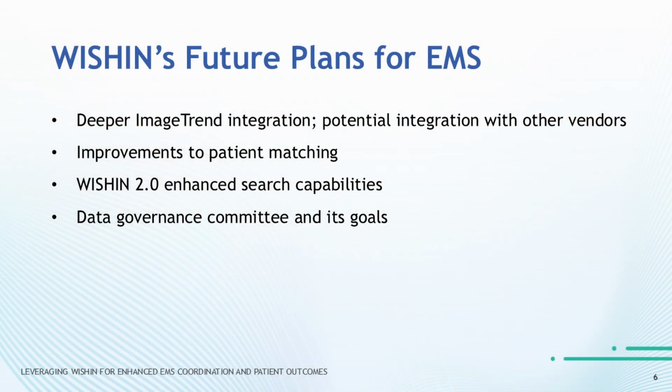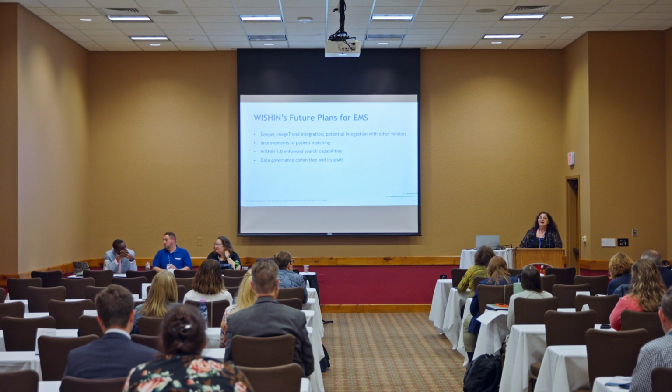So through that data governance committee, we're hoping to work with our participating organizations on improving the completeness of the data to help all kinds of different organizations that are members of WISHIN. And we should talk sometime about NEMSIS, because an organization that we work with has been translating NEMSIS. He did a project. We should talk about that.